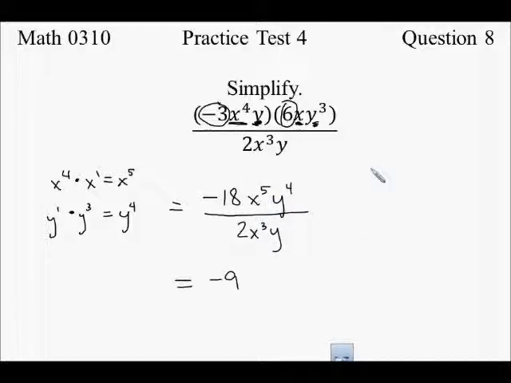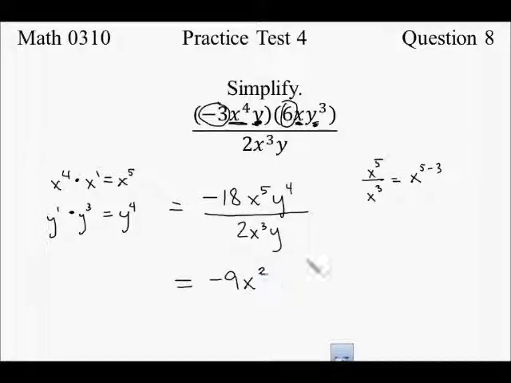Remember, when we have the same bases being divided, we take the exponents and we subtract the bottom exponent from the top exponent. So that's going to give us x to the 5 minus 3 there, and 5 minus 3 would give us x squared.